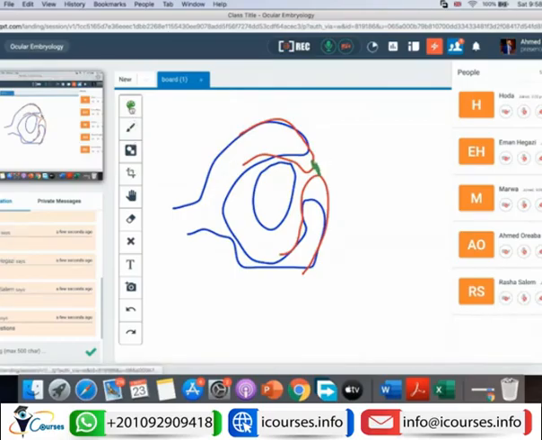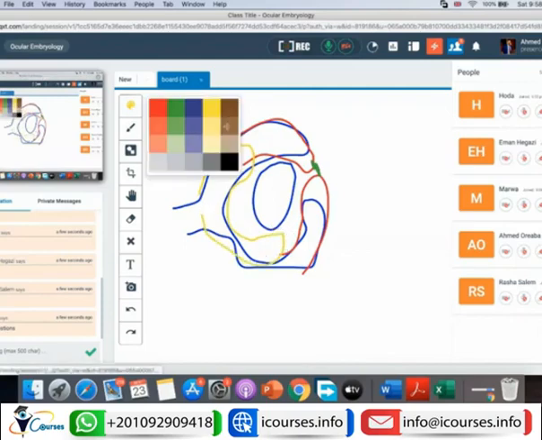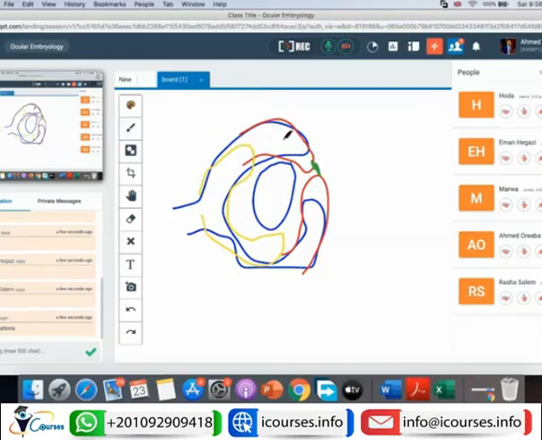On the other hand, if the edges of the optic cup are small like this and this, the area for development of the cornea will be very large, because the cornea will develop between both edges of the optic cup.